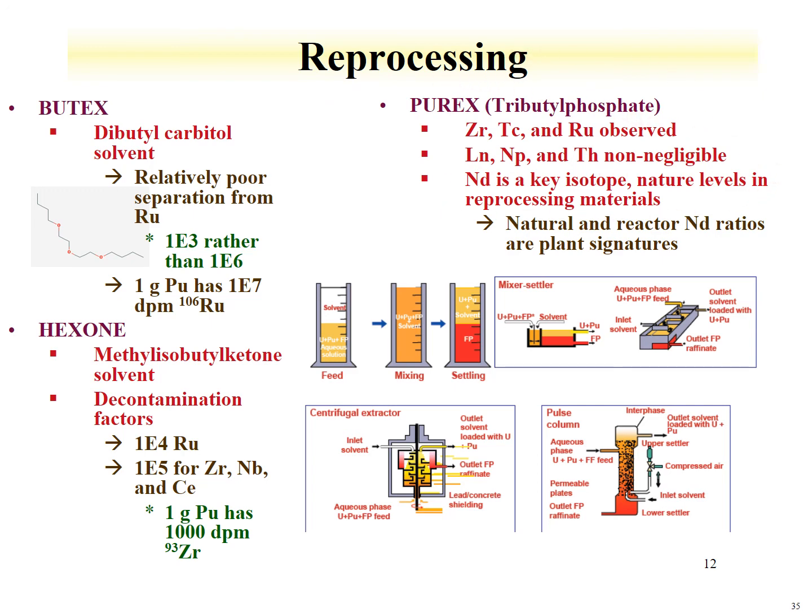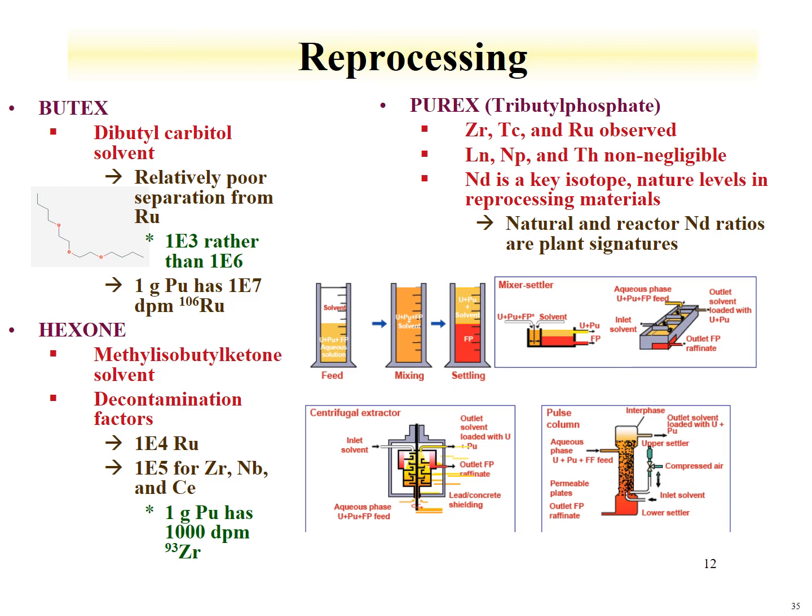This is because there are differences between the natural isotopic distribution of neodymium and the isotopic distribution of neodymium due to fission. So one can determine whether neodymium comes from a fission process or from a natural process. And these are signatures of different reactor plants.